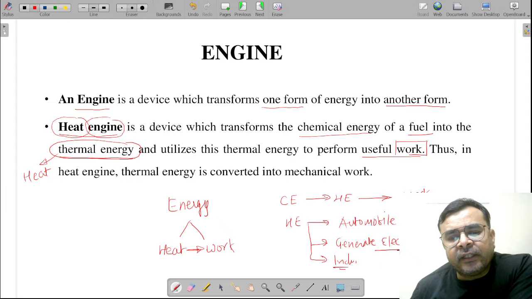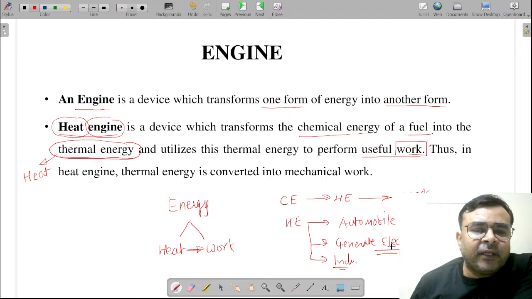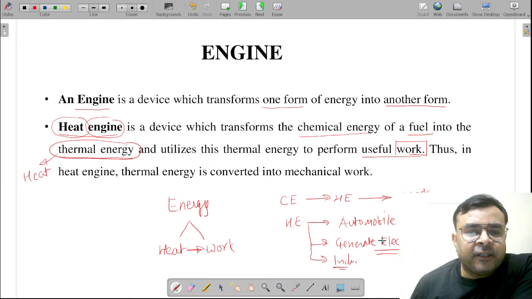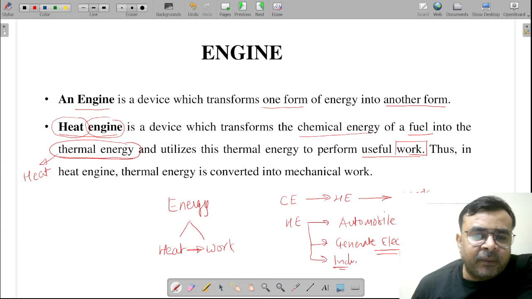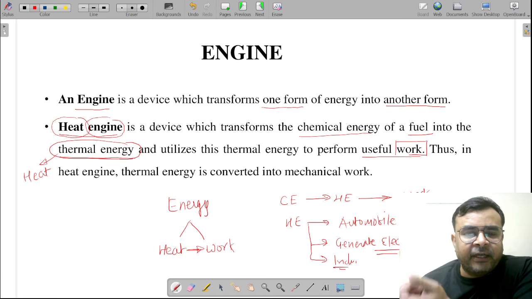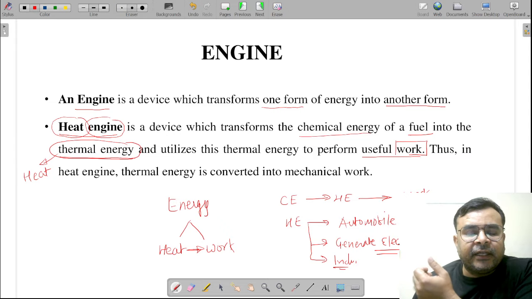Basically we need to generate electricity, and once you generate the electricity, you can use it for many applications. In our household, this electricity is used to run the fan, to light the home. You can even charge the mobile phone, you can run the TV. So many applications we have.